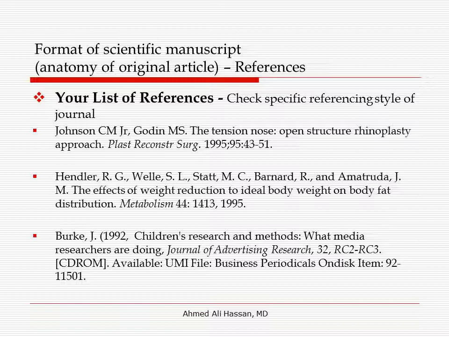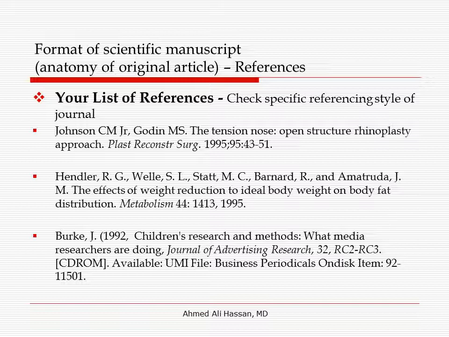The third type is to write the name of the author and immediately followed by the year of publication, Park 1992, and then the title of the article, name of the journal, and finally the number of pages.